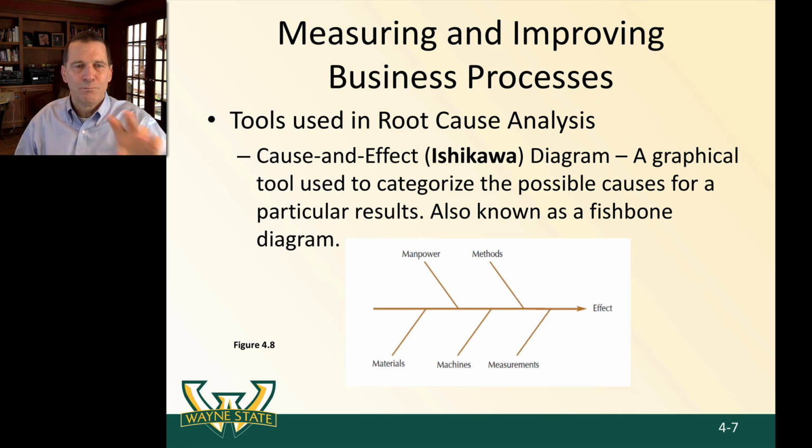And what happens is we'll build out those ribs with smaller items, right? So under manpower, if the problem were related to quality, let's say, under manpower, we might put new employee training, cross-training existing staff. So for example, a couple of things, right, that are training related. It could be anything under manpower.